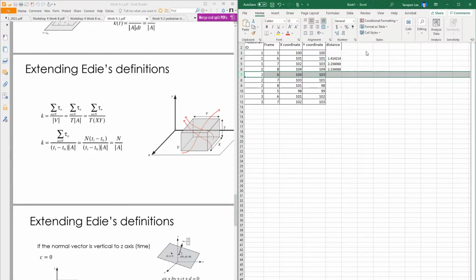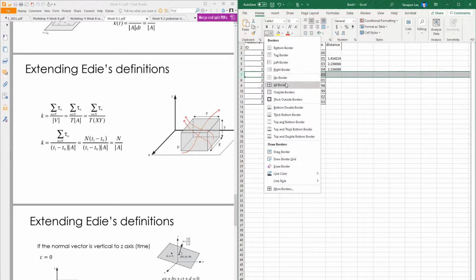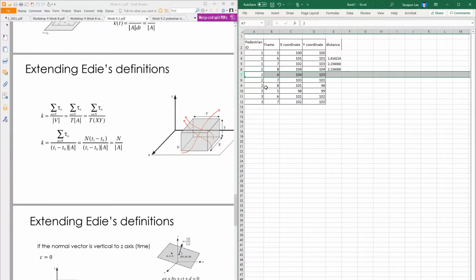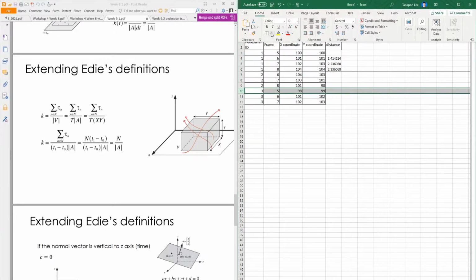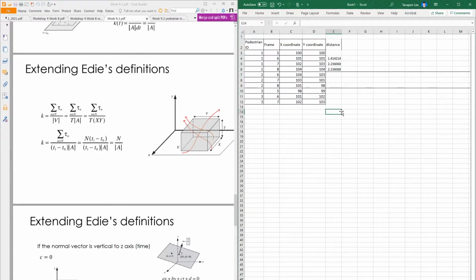Let me put this line at the top, so we can separate different people. Does that help?